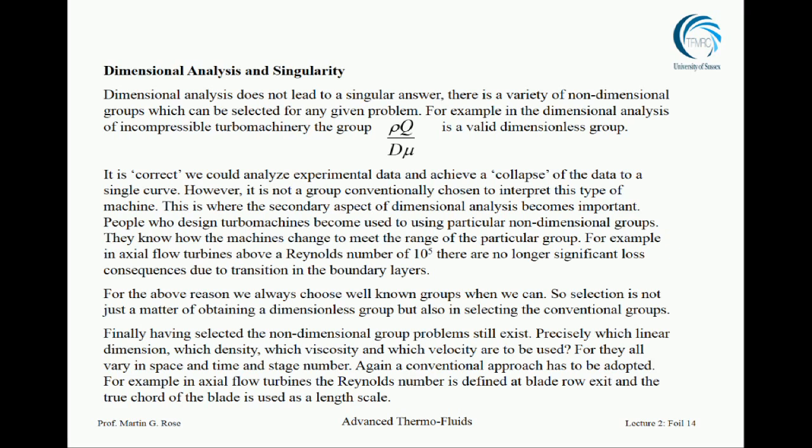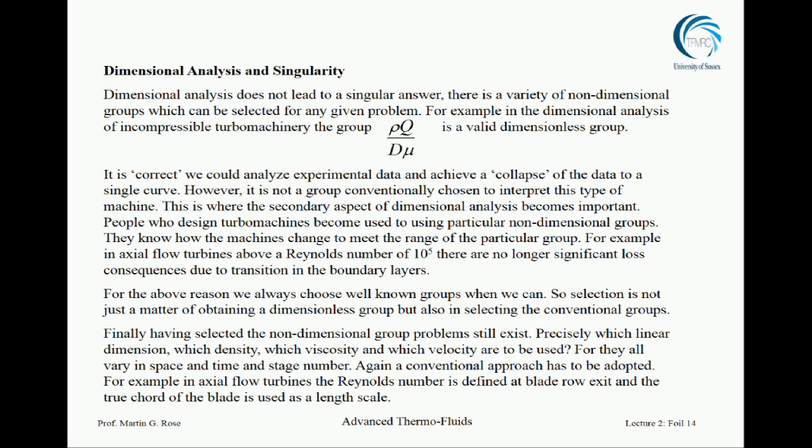Because if you have redefined Reynolds number as 1 over Reynolds number, for example, or the example I chose here is a Reynolds number which could be based on the volume flow rate instead of on omega and d. It still works, it's still dimensionless, and it would function in terms of understanding the experimental relationship between a big one and a small one of a particular sort of machine.